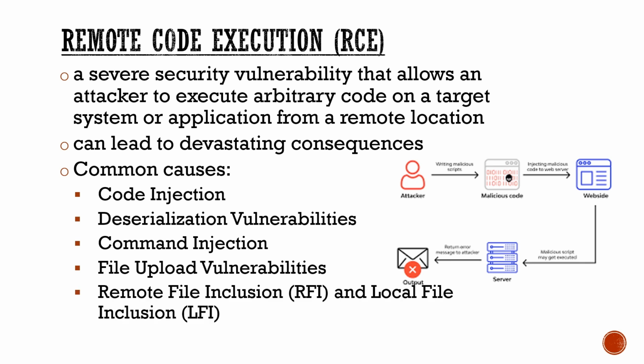Then we have the remote file inclusion, RFI, or the local file inclusion. If an application includes files from external or local sources without proper validation, attackers can manipulate the file inclusion process to execute malicious code.